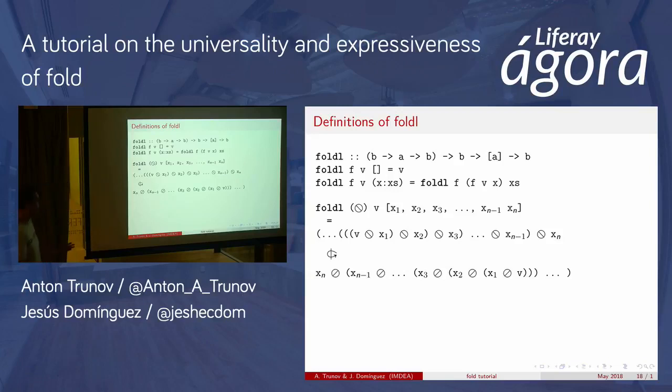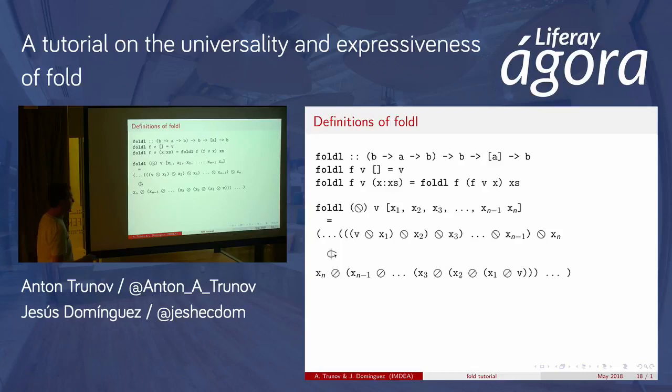So our goal here is to implement this foldl function in terms of foldr. Because the paper is called On the Universality and Expressiveness of the Fold Function, and by fold it means foldr. So we should, in principle, be able to implement almost everything using fold, at least the most classical functional programming functions.